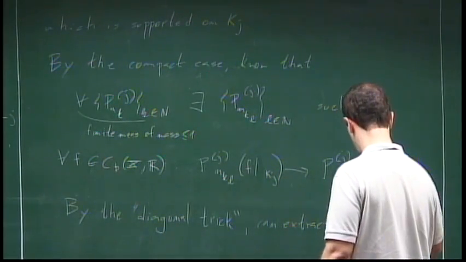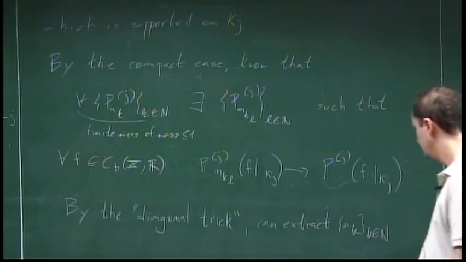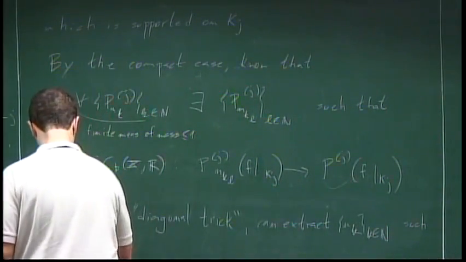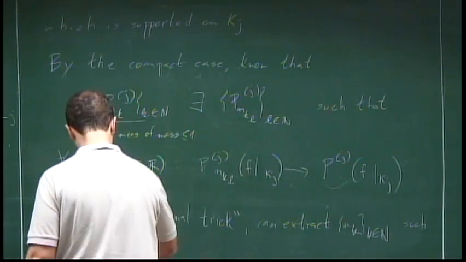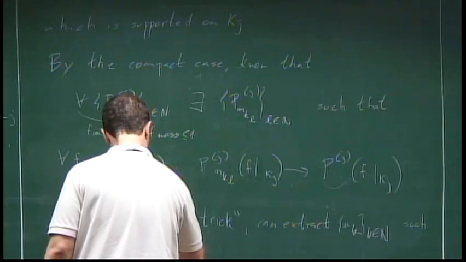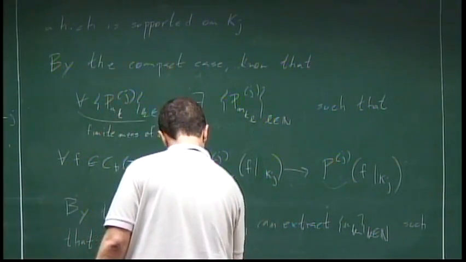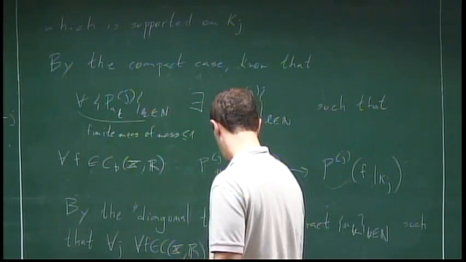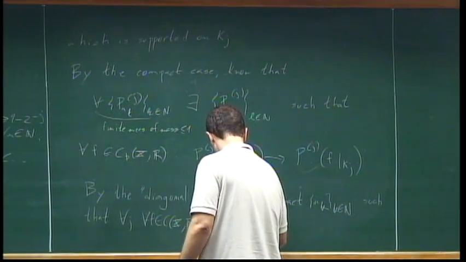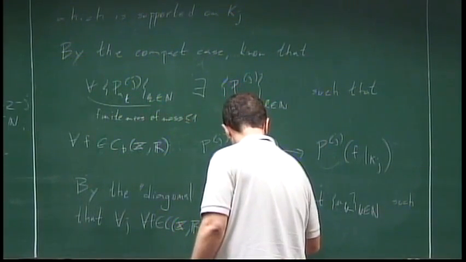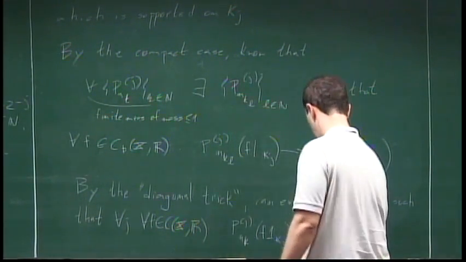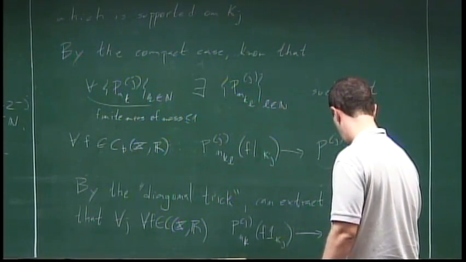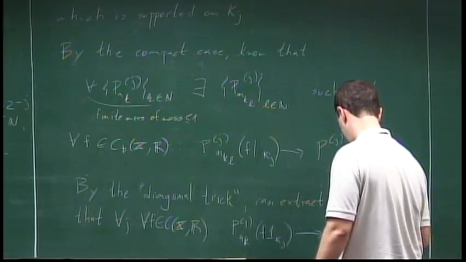I'm just going to say what this is, such that for all j and for all f in the continuous functions from x to R, I have that Pj of n sub k of f restricted to Kj converges to Pj of f restricted to Kj.